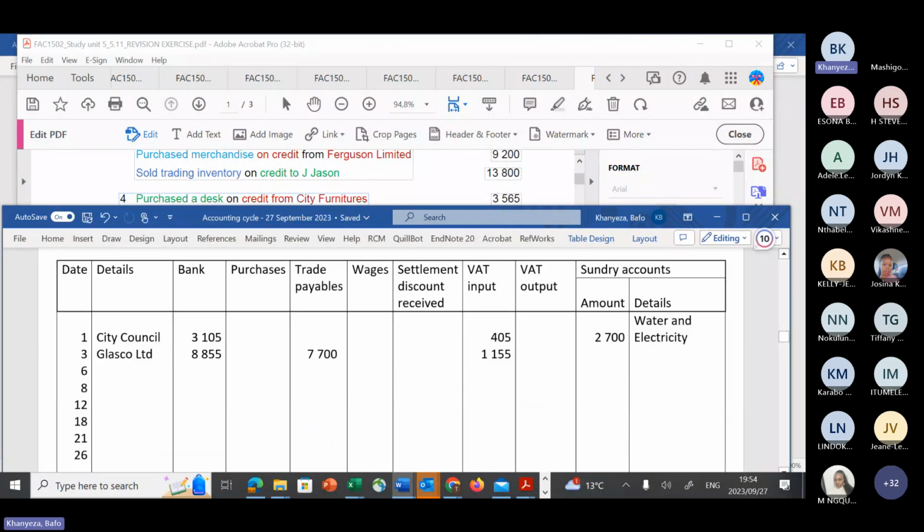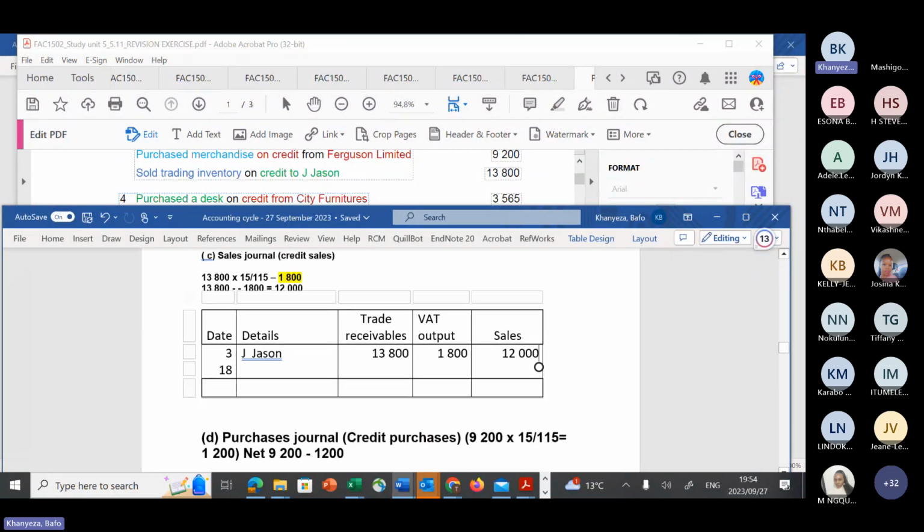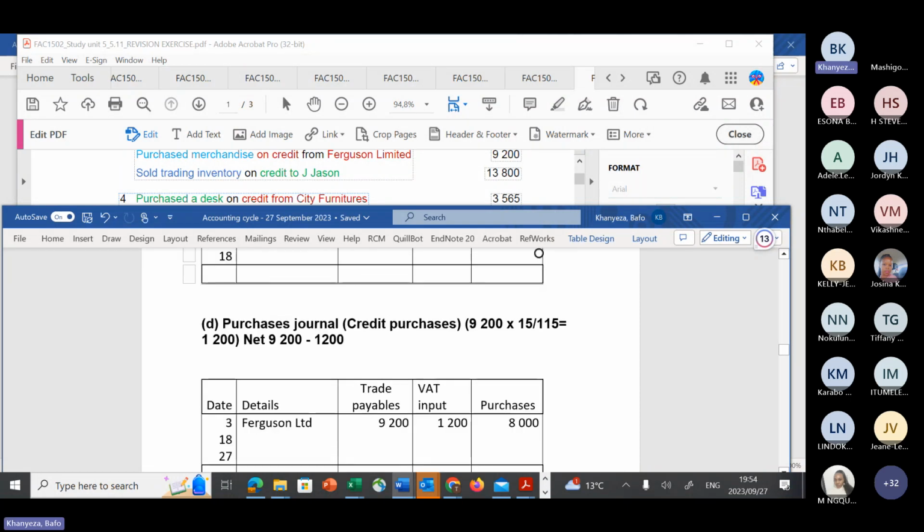Does it go to the cash payment journal? No, this was purchased on credit. Does it go to the sales journal? No, this is not a sale, it's a purchase. Does it go to the purchases journal? No, again, purchases journal is for credit purchases of stock.